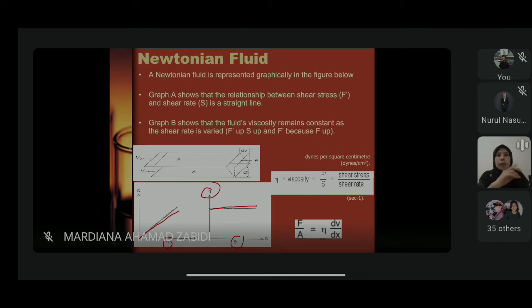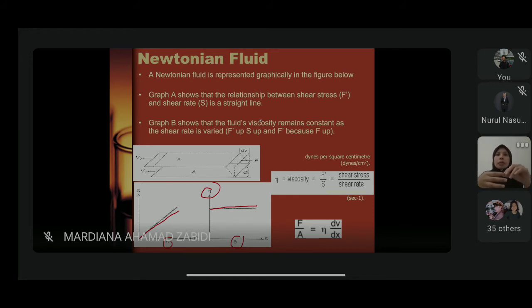And then when we talk about graph B, it shows the fluid viscosity whereby it remains constant regardless of the speed of the rotation, regardless of the temperature, regardless of the time that you rotate that particular product, it will not cause any changes of the fluid.